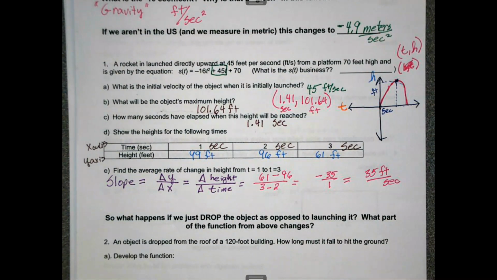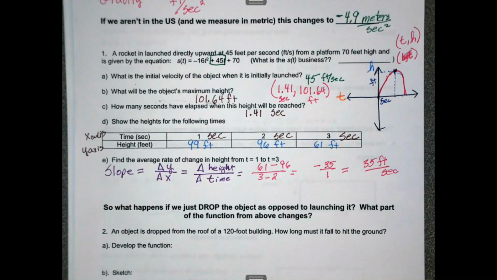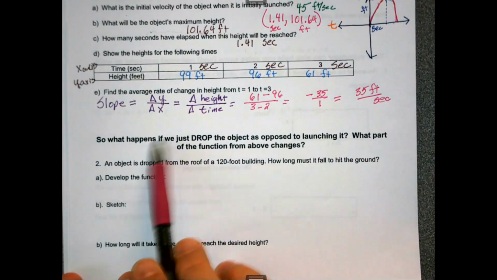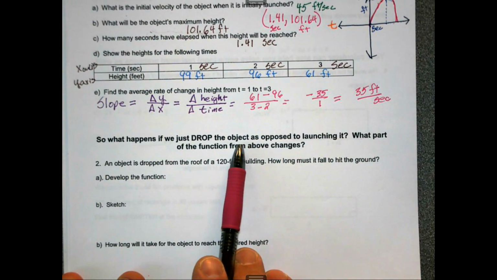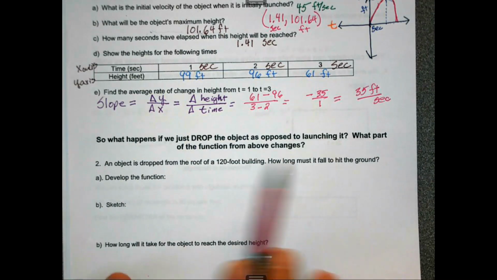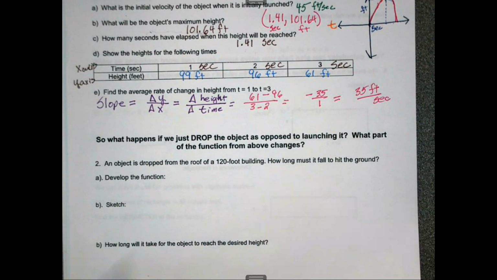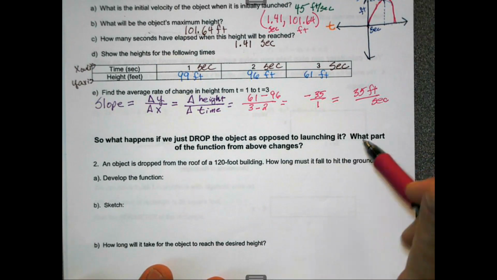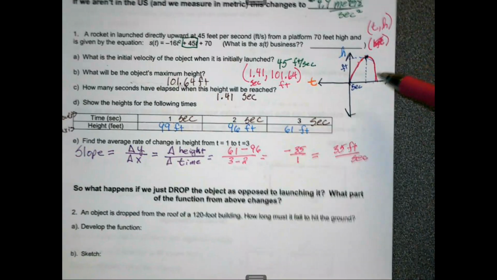All right, let's do another one. So, what happens if we just drop the object as opposed to launching it? What part of the function from above changes? Okay. So, if we just drop it from a certain height, we're at 120. What do we lose here in this part of the graph?